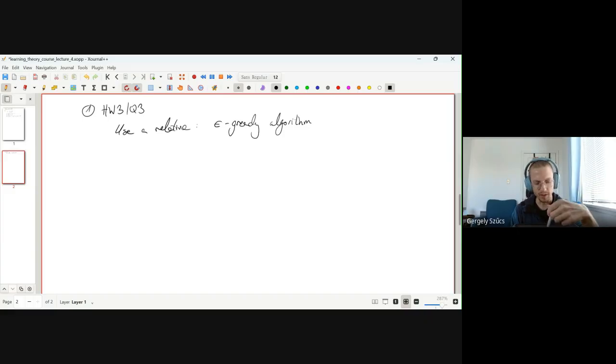In Epsilon-greedy, we do something similar, except we spread out the exploration across time. So basically, the way this works is that with probability epsilon, we choose a uniformly random arm.